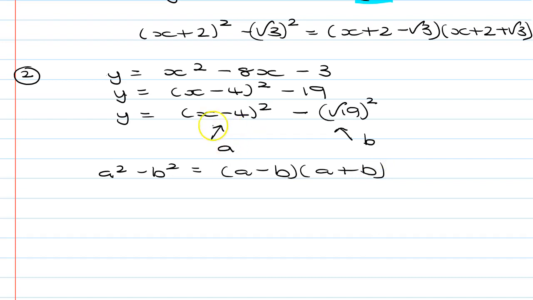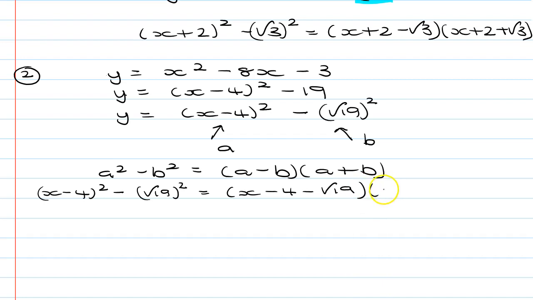Let's substitute our a and our b into this expression, and this is what we get. I get that x minus 4 all squared minus root 19 all squared equals x minus 4 minus root 19 multiplied by x minus 4 plus root 19.